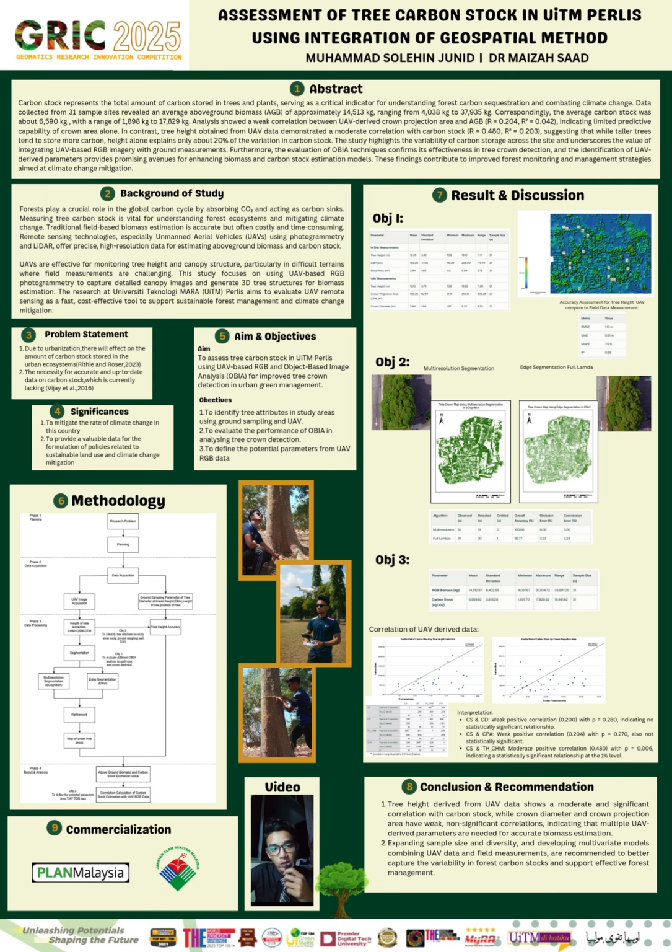Furthermore, the evaluation of OBIA, or object-based image analysis, confirms its effectiveness in tree crown detection, and the identification of UAV-derived parameters provides a promising avenue for enhancing biomass and carbon stock estimation models. These findings contribute to improved forest monitoring and management strategies aimed at climate change mitigation.